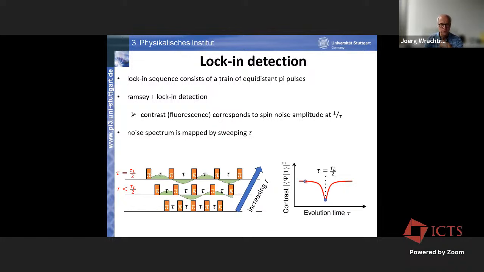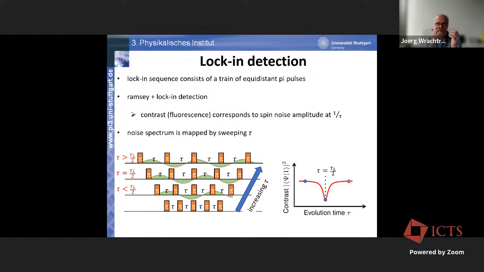If I further increase the pulse spacing, so that my tau is exactly commensurate with the oscillating signal I'm measuring, so this is a Larmor precession signal, then my filter function is maximally transmissive, so I record the signal. And now if my pulse spacing is too large, so that I'm not commensurate anymore with this periodic oscillation of the Larmor precession of the nuclear spin, once again, my filter function is shutting off that signal.